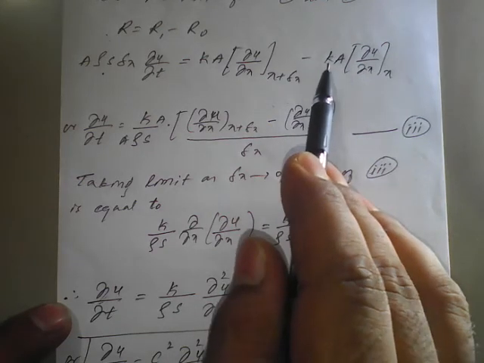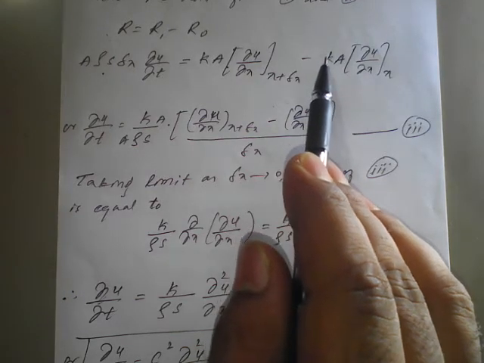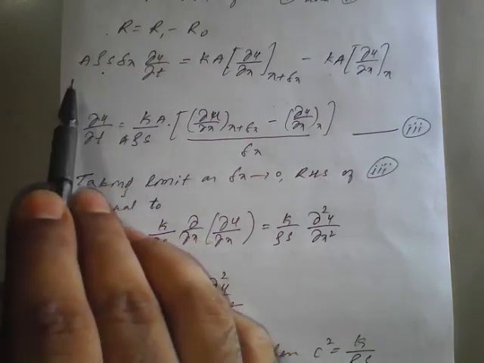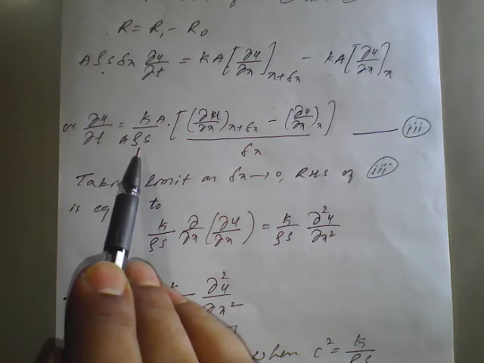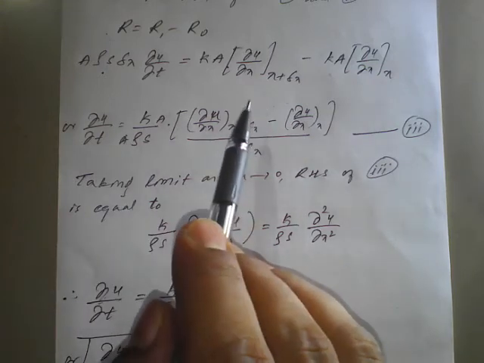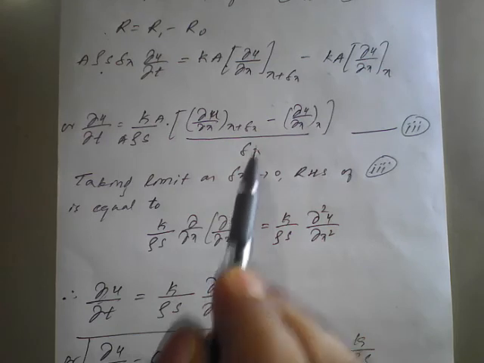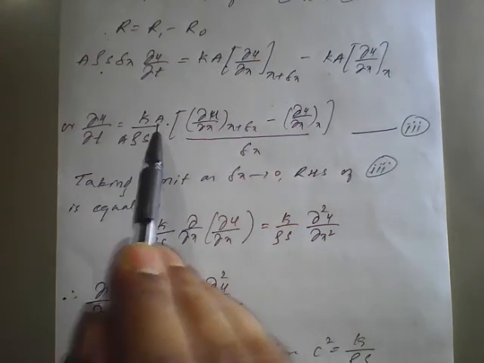Next, on simplification, cross multiply A rho S to the right hand side, divide by delta x, and take K A as common.